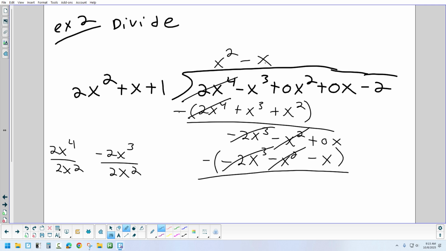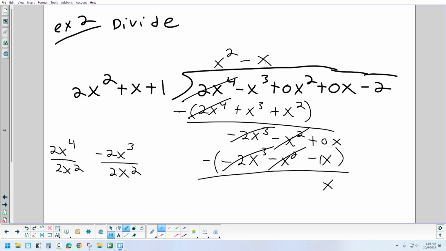When two things cancel out in the same step, that's always nice, because that's going to eliminate having to do division an extra time. And what's 0x minus negative x? That would be x. 0 minus minus becomes a plus. Any question on that? Okay.